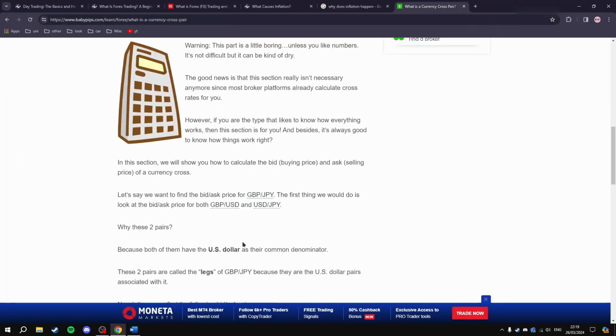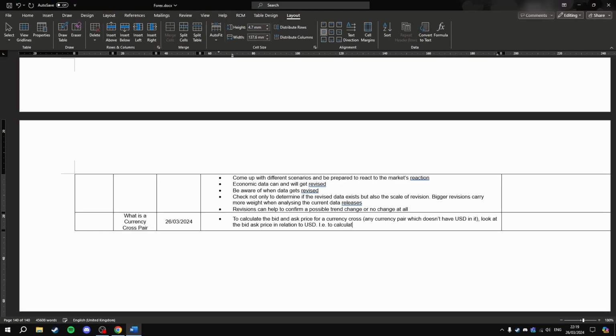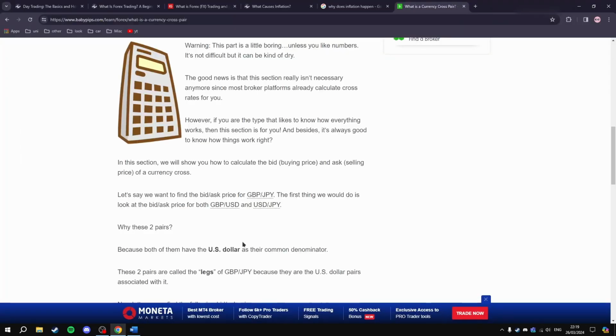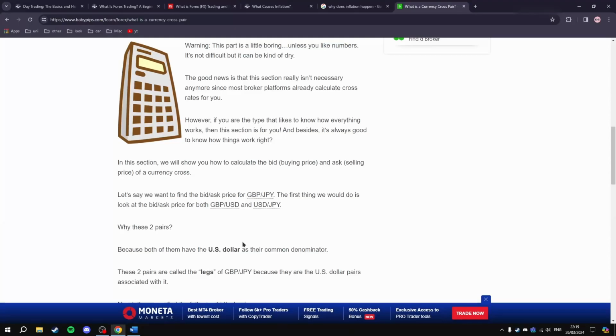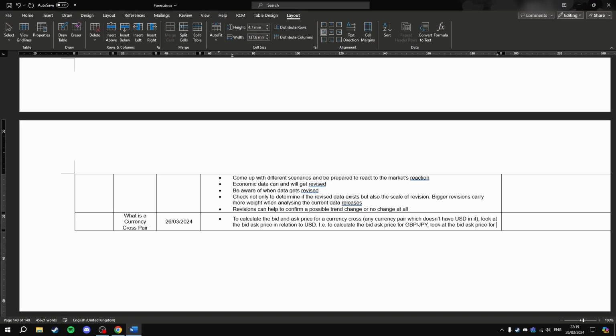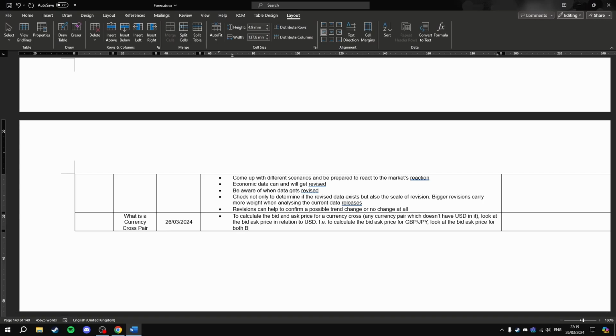That is, to calculate the bid-ask price for GBP/JPY, look at the bid-ask price for both GBP/USD and USD/JPY.